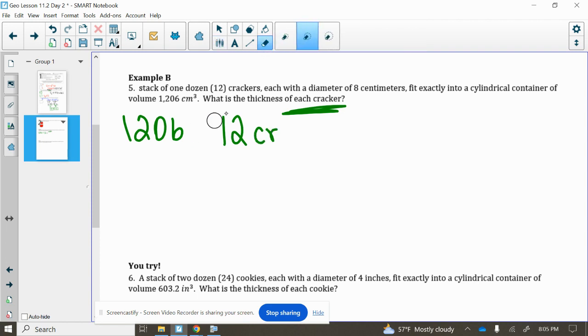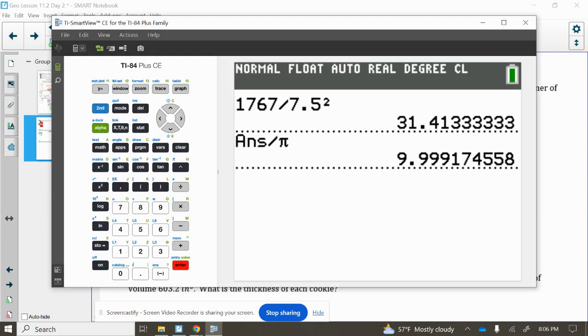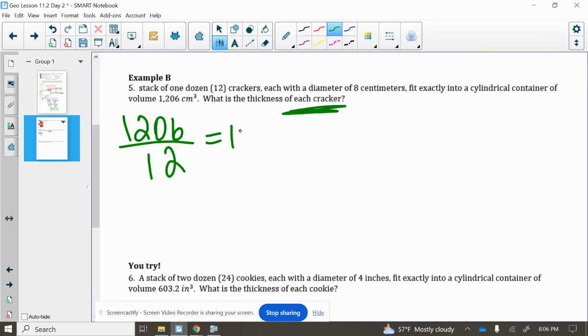crackers. So what I like to do personally is I like to start by dividing this by the 12 because then I know what just the volume of one of those crackers is. So if I take 1,206, divide that by 12, I get 100.5, which again is the volume of just one cracker.